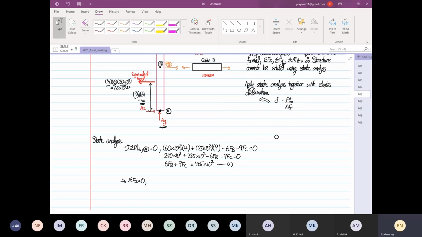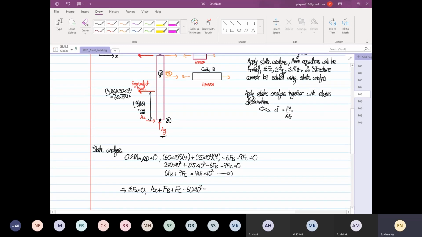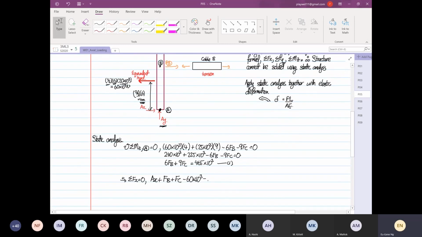So you will have your AX plus your FB plus your FC minus your equivalent load, which is 60 times 10 to the power 3, minus the other load, which is equal to 25, and equal to 0.